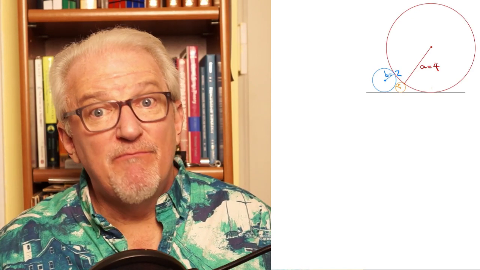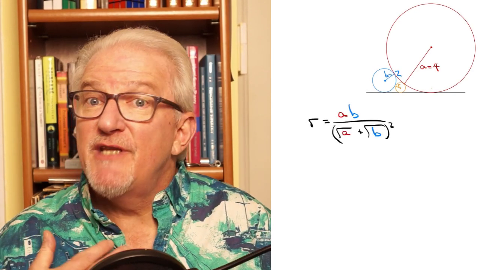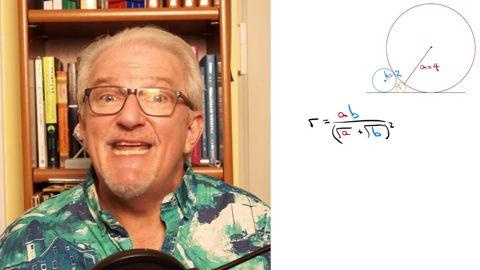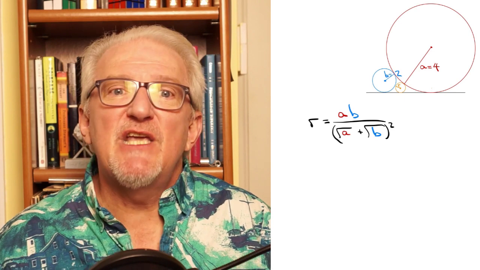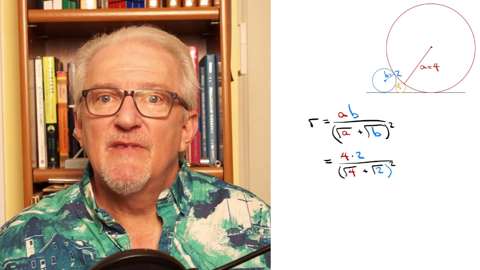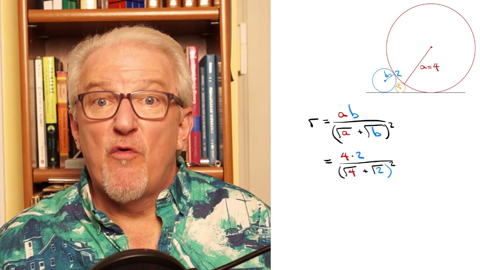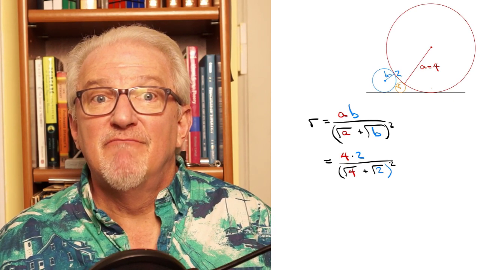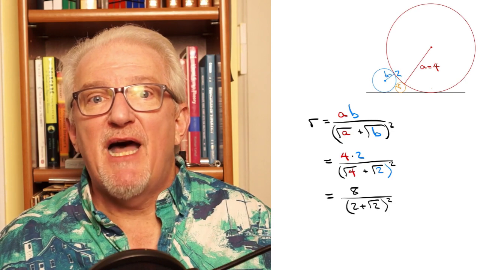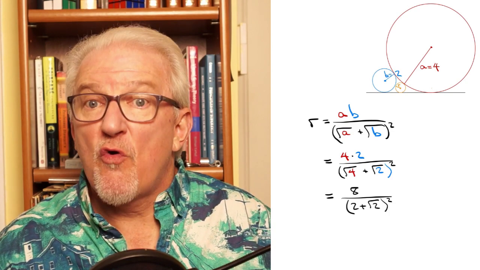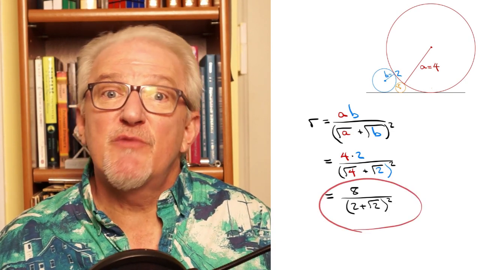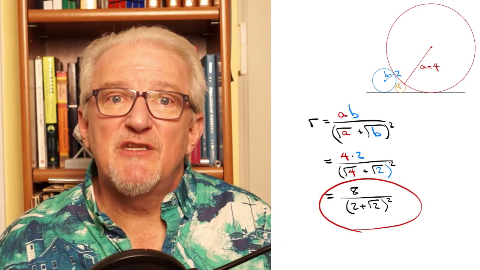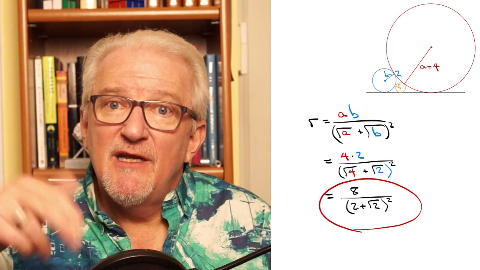Letting a equal 4 and b equal 2, the general solution that we found together gives that the radius of the yellow circle in this specific case is equal to 4 times 2 divided by (the square root of 4 plus the square root of 2) quantity squared. This is equal to 8 divided by (2 plus root 2) quantity squared, which agrees with the solution that PreMath obtained. You can find a link to PreMath's 2021 video in the description below.